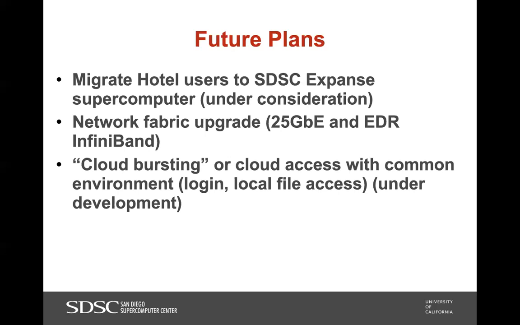There are also plans for upgrading the network fabric, and as I mentioned, we are exploring the cloud bursting capability, and once we have a better understanding of how we can provide it for the entire TSCC community, we will be providing that.